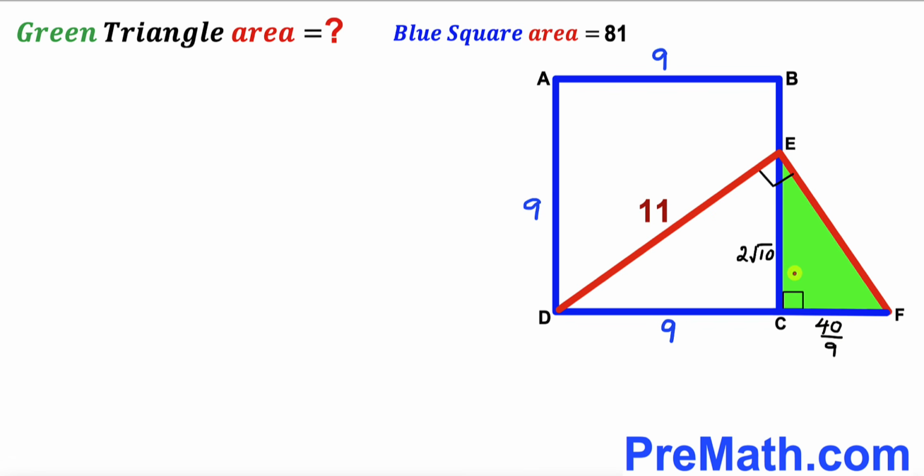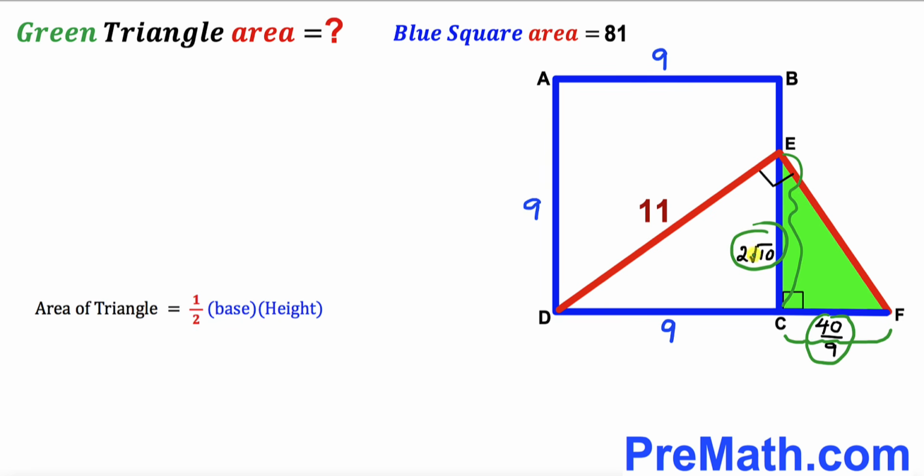And here's our final step. Now we can calculate the area of this green shaded triangle. Let's recall once again the area of a triangle formula: area equals a half times base times the height. Here the base of this green shaded triangle is 40 divided by 9, whereas the height is 2 times the square root of 10.